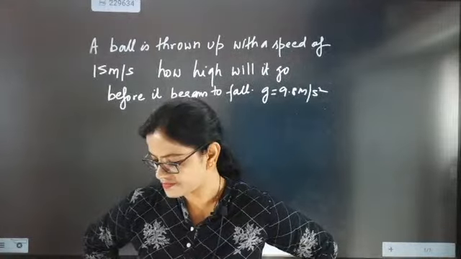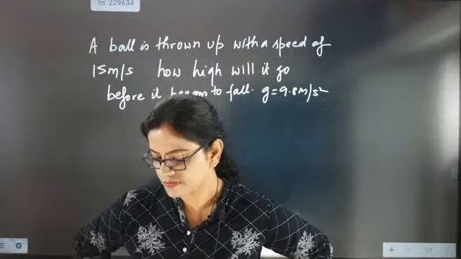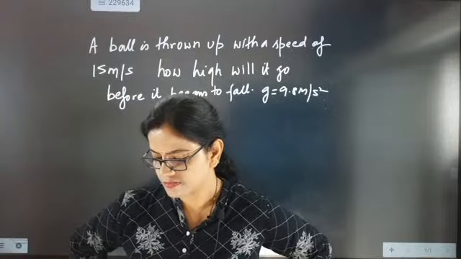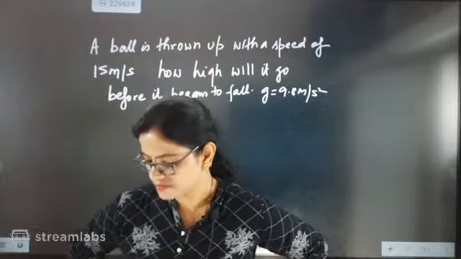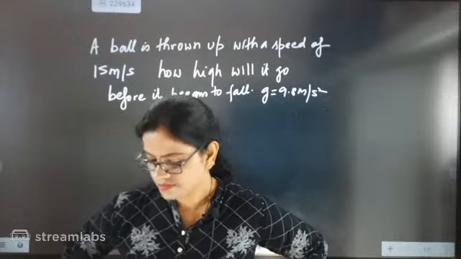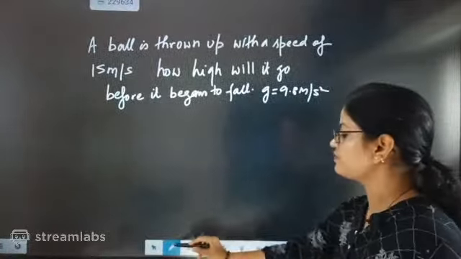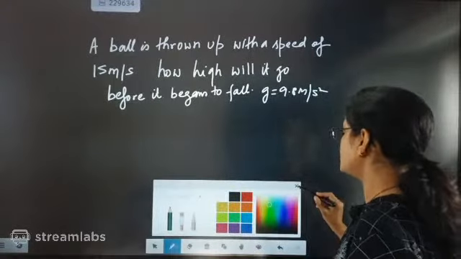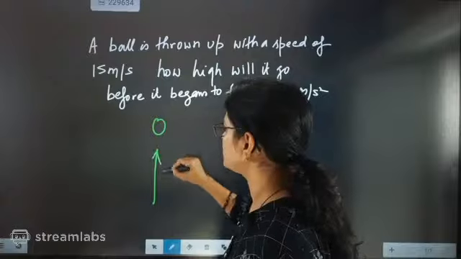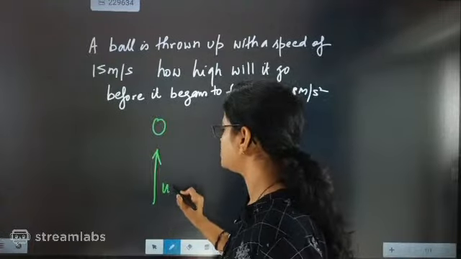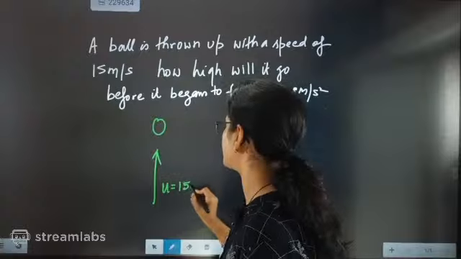Shall I solve? So 100% when a ball is thrown up, the situation is the ball is thrown up with an initial speed of 15 meter per second.